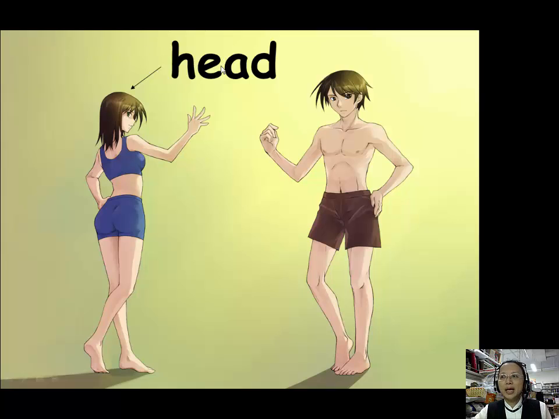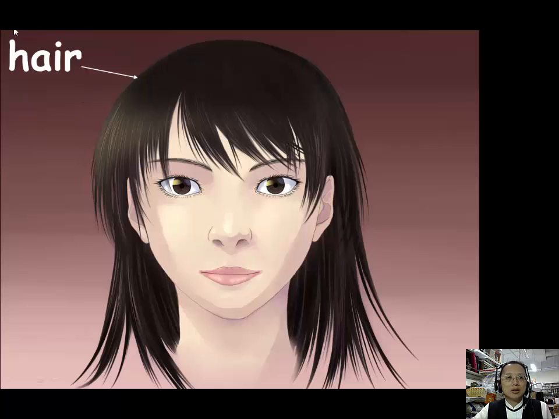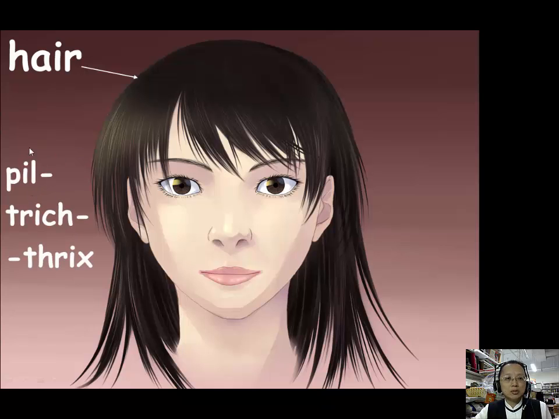For referring to the head, we use the prefixes capit, C-A-P-I-T, cephal, C-E-P-H-A-L, and the suffix cephalus, C-E-P-H-A-L-U-S. When we talk about hair, we use two prefixes, P-I-L and T-R-I-C-H, and also the suffix thrix, T-H-R-I-X.